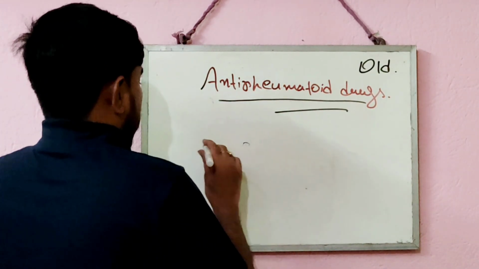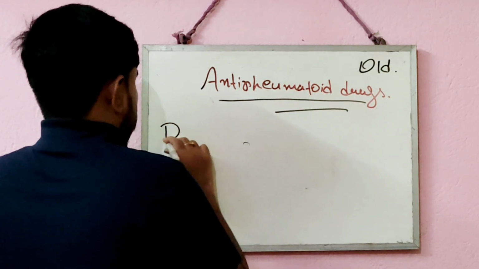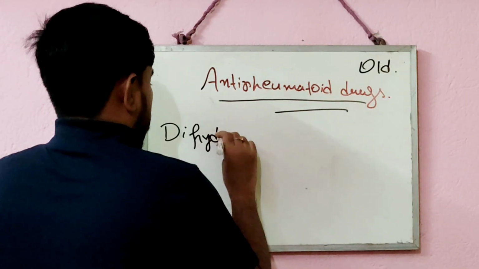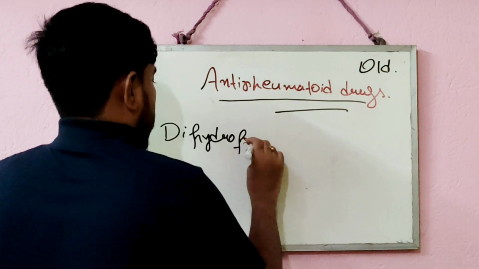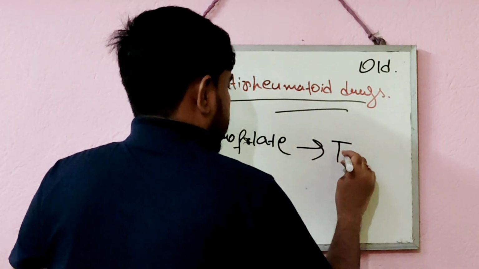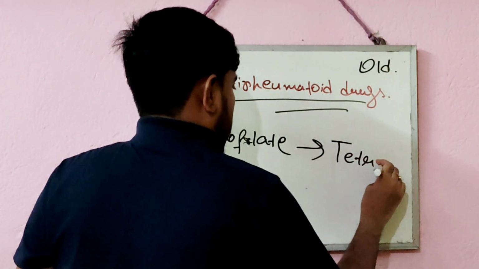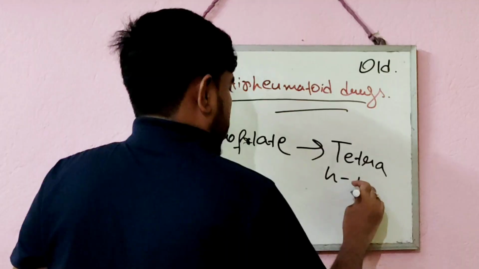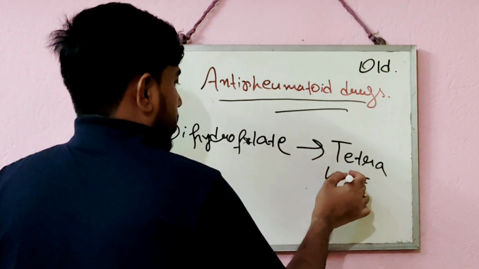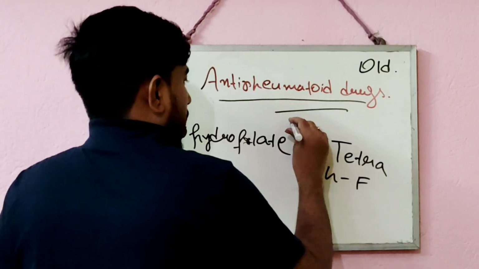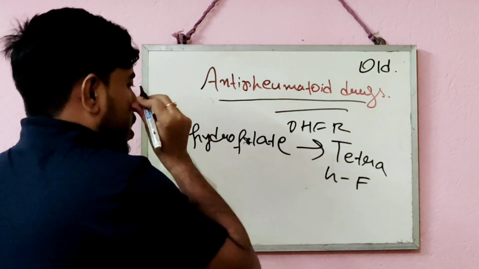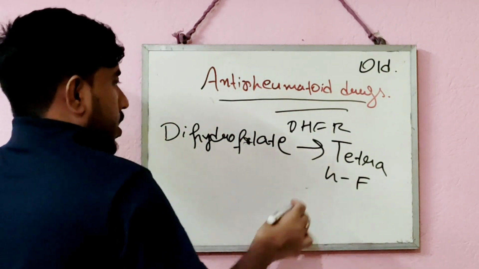The main action of dihydrofolate reductase is to convert dihydrofolate to tetrahydrofolate. For the conversion from dihydrofolate to tetrahydrofolate, the dihydrofolate reductase enzyme acts.